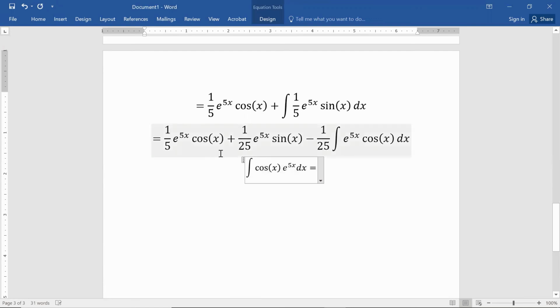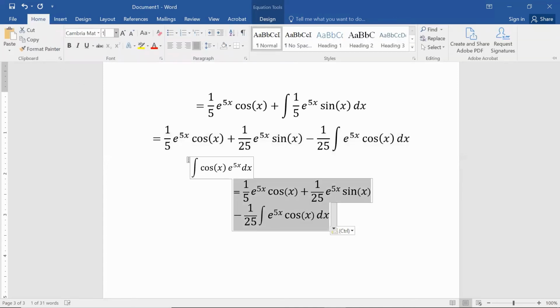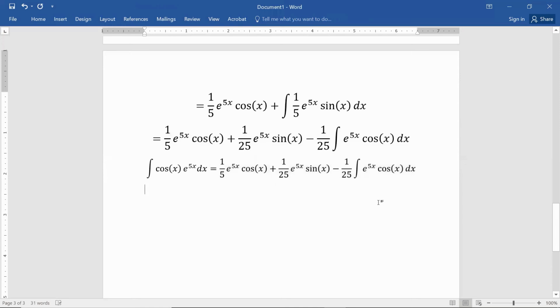Let's make that the right size so we can all fit it on one line. That thing is equal to this mess. In order to figure out how to do this, I would have to add 1/25 times this integration to both sides.